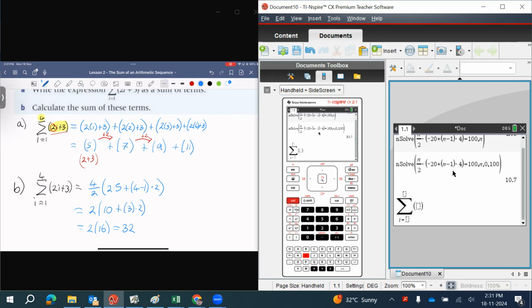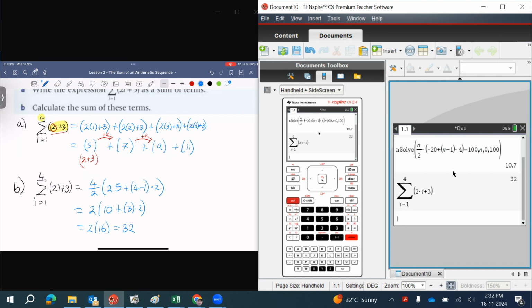You should get your sigma symbol, and we can type it in as we see it here. Inside the bracket you want 2 times i plus 3. What number do we get? 32. Okay.